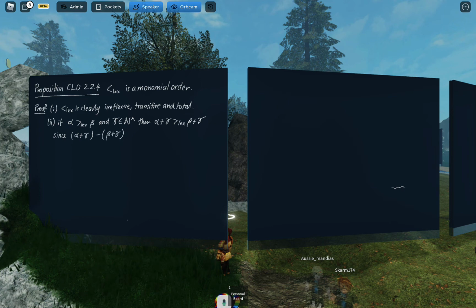I'm going to look to see if the first non-zero entry is positive. But this is just adding coordinate-wise, so I can just use ordinary algebra to cancel off the gamma. So that's just alpha minus beta. So looking for the first non-zero entry here is the same as looking for it here. Okay, so 3 is where the action is.